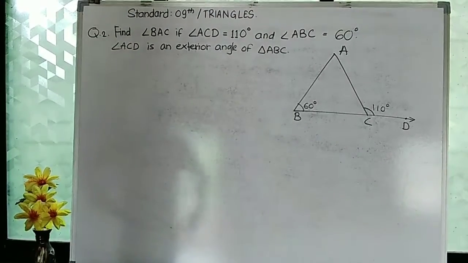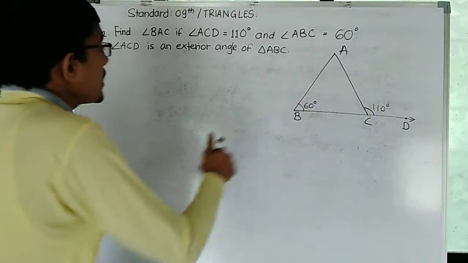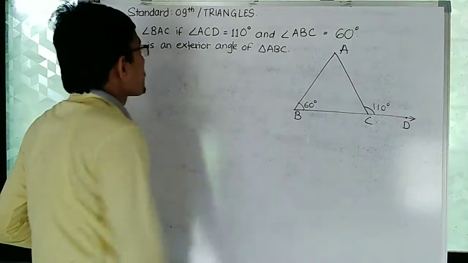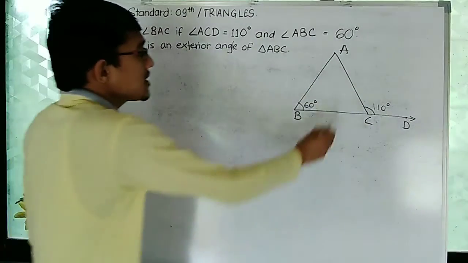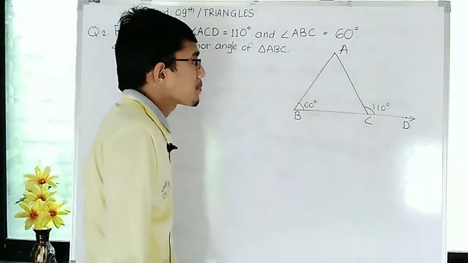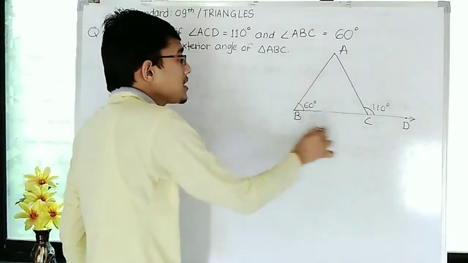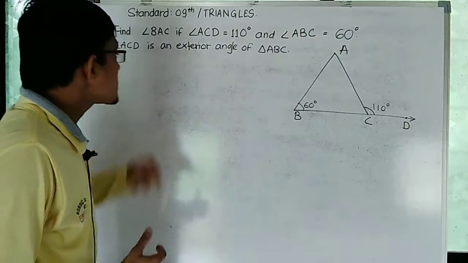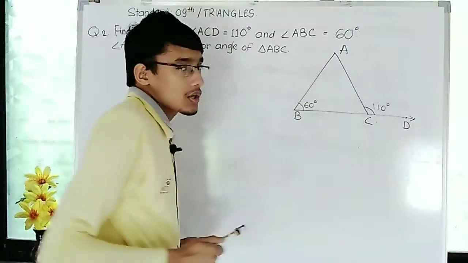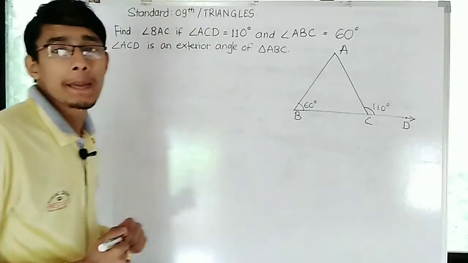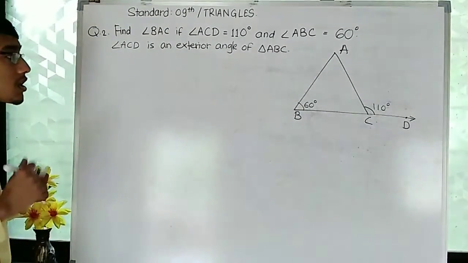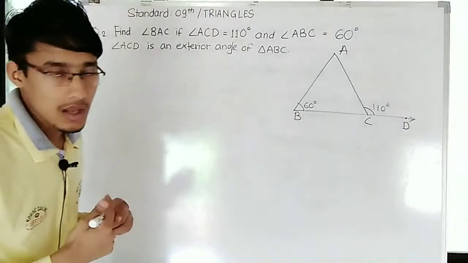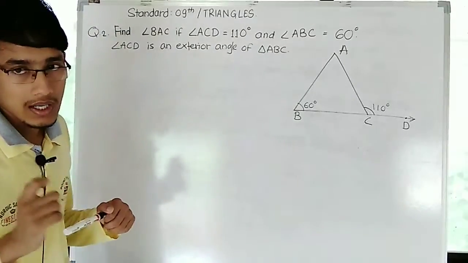Now the second question is, find angle BAC if angle ACD is 110 degrees and angle ABC is 60 degrees. Okay, angle ACD is an exterior angle, it is also given to us. Here we will use the remote interior angles theorem to find the required answer.